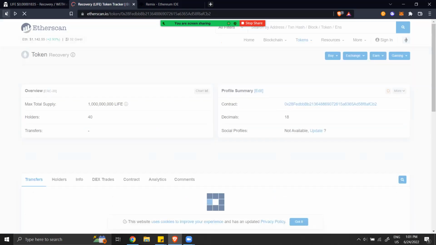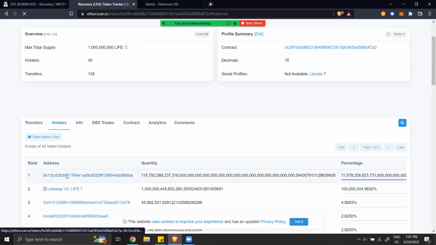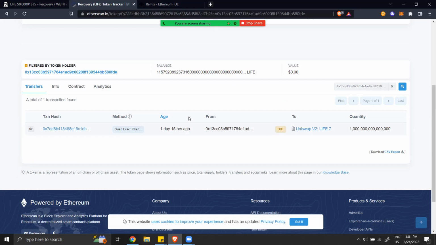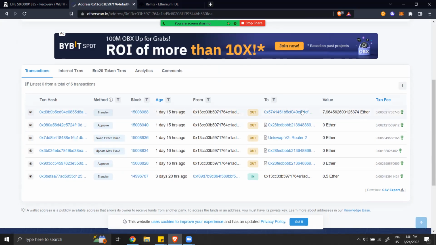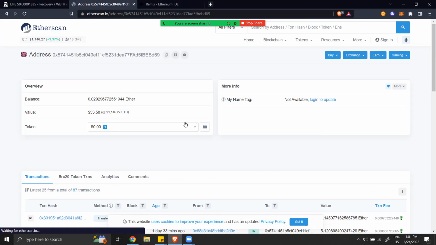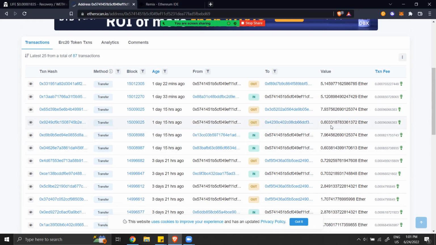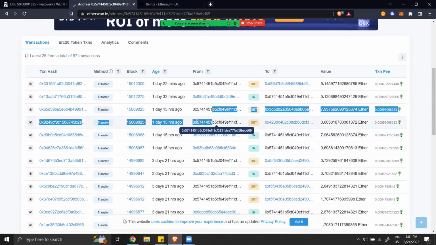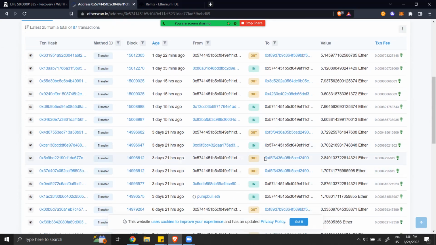How do I get it? I will go via the holders. Okay. So that guy sent all this Ether to that address. And what we see here is that that address is making the same pattern, the same behavior, with a lot of different tokens.